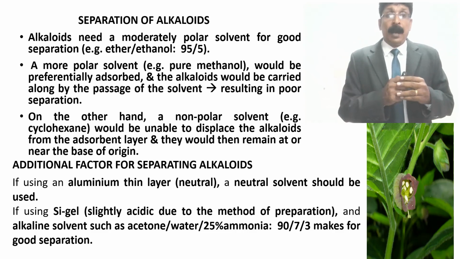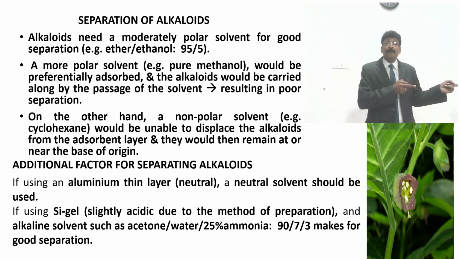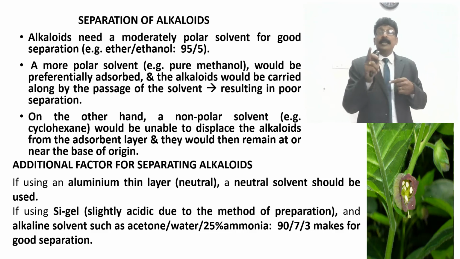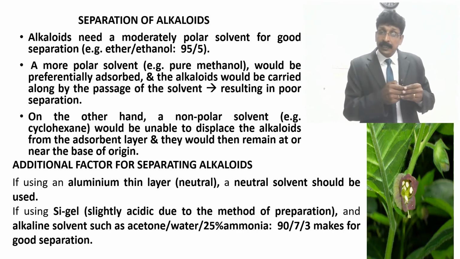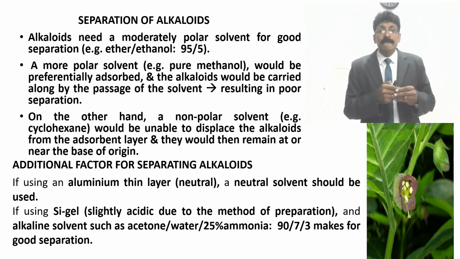Additional factors to be determined for separation of alkaloids: if you are using an aluminium thin layer, alumina as an adsorbent layer, it is neutral, so a neutral solvent should be used.